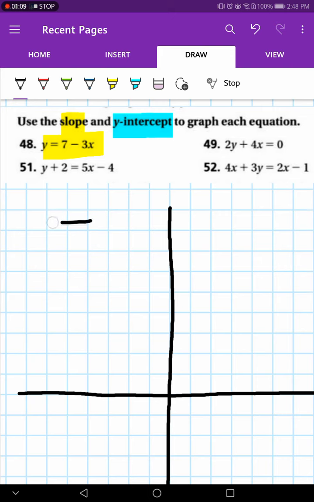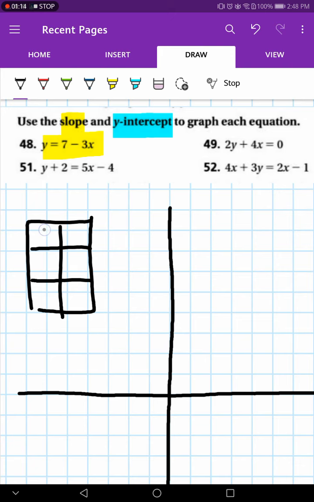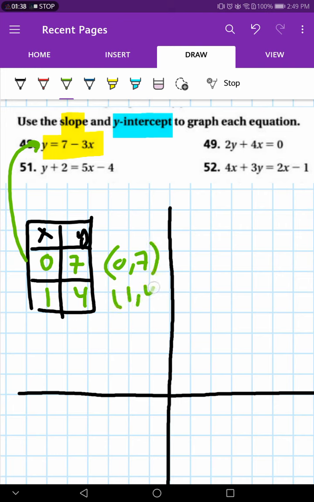We put x and y, get the x values from our mind, and substitute those values in the equation. We get the y, create the ordered pairs, and we are done. But here he asks us to do it by using the slope and the y-intercept. So let us start.